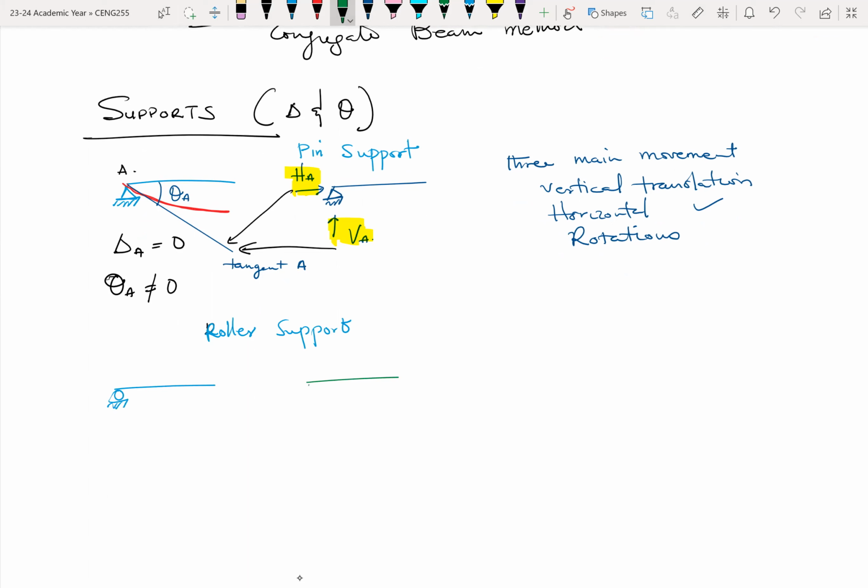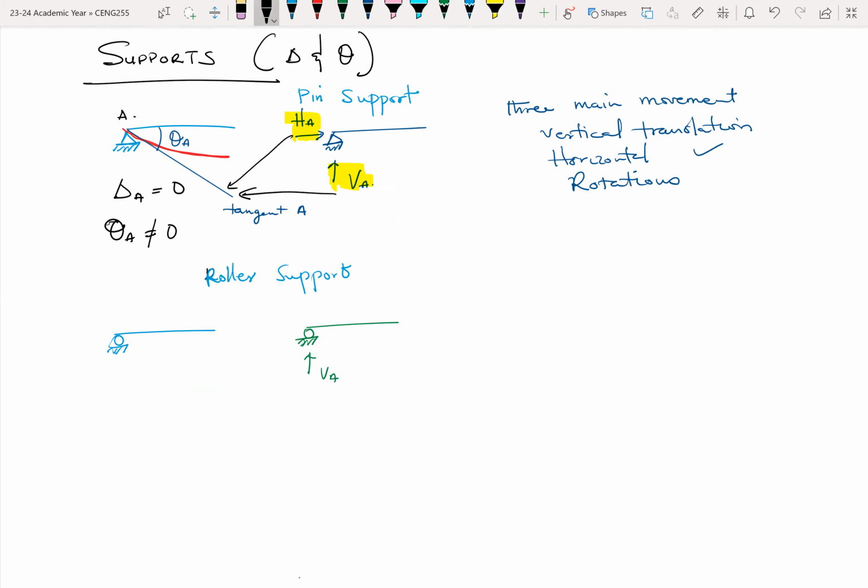In terms of its reactions, it has one vertical reaction, VA, which means that for the vertical displacement, very similar to the pin support, our displacement at A is 0.